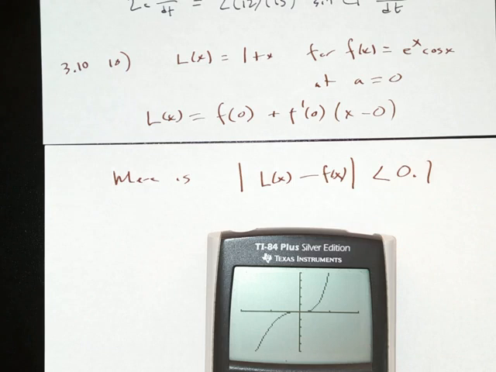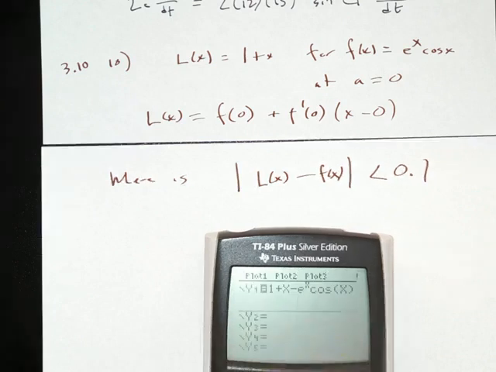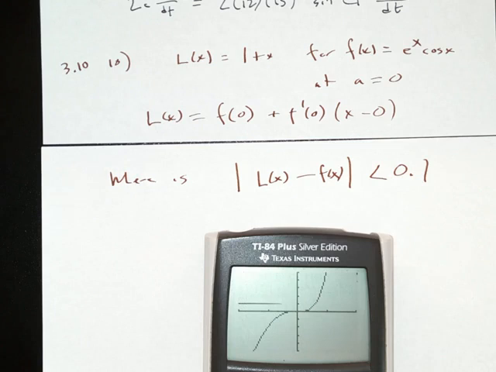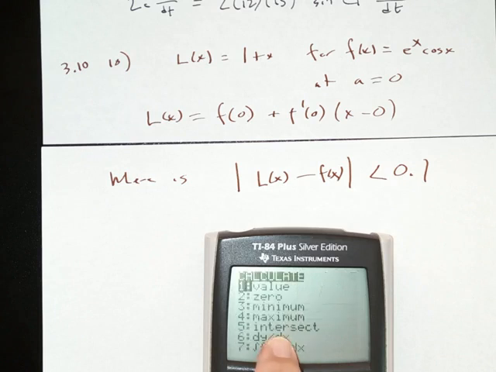So let's draw the horizontal lines at 0.1 and at negative 0.1 by graphing 0.1 and negative 0.1. And then what you need to find is where those things cross, which you can do completely on here. Second, calculate intersection.